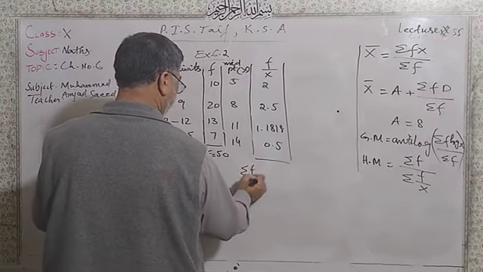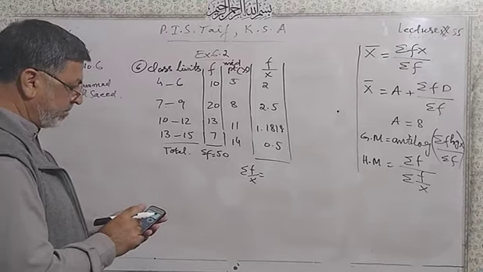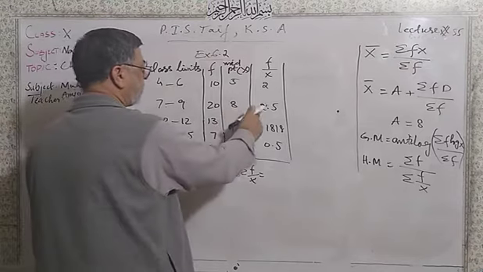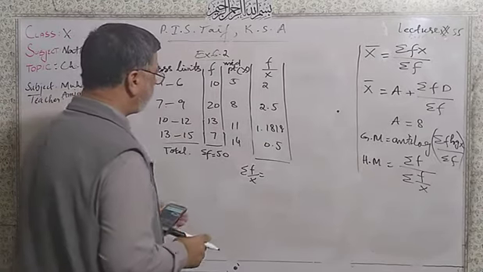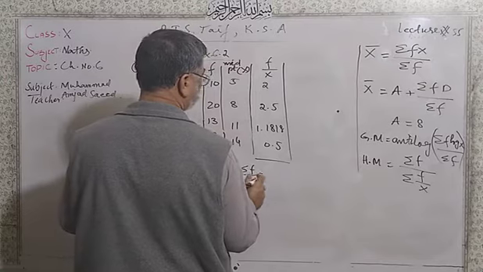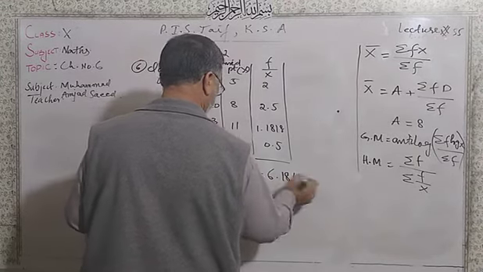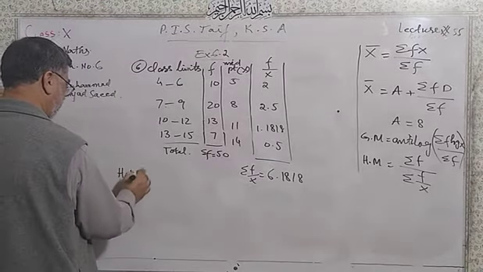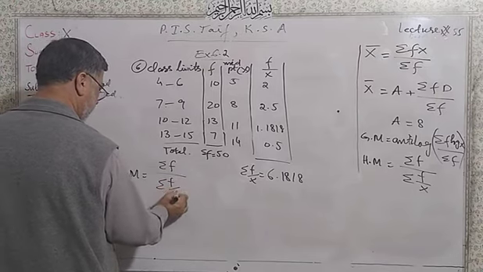Here will be sigma f over x. Now we can add them. 2 plus 2.5, that is 4.5. 4.5 plus 1.1818 is 5.6818. Plus 0.5 is 6.1818. Now we will apply the formula. Harmonic mean is sigma f over sigma f over x.